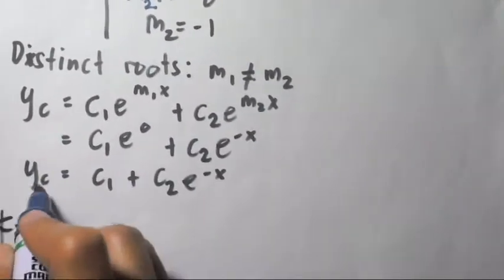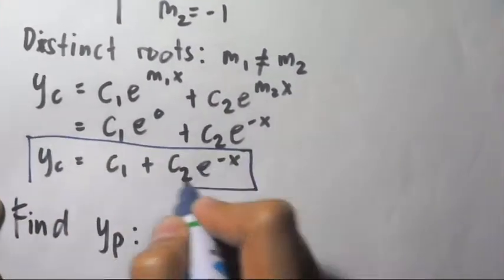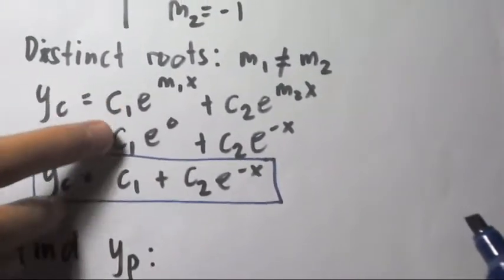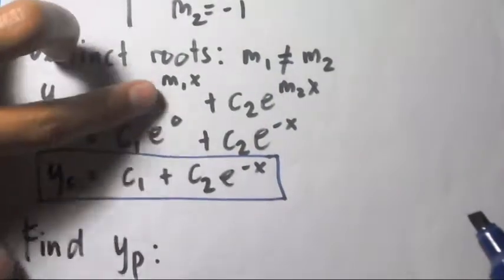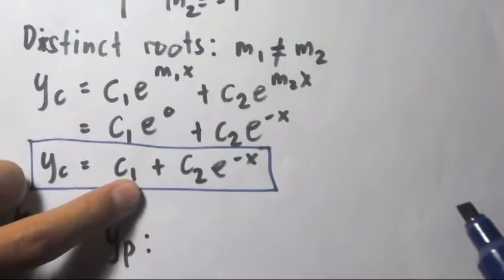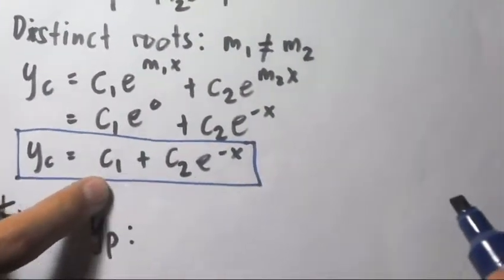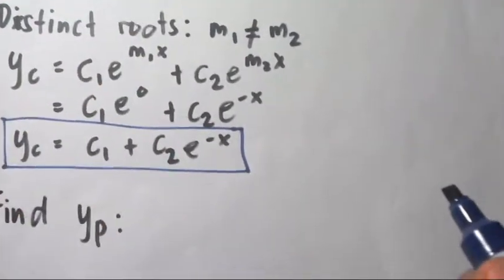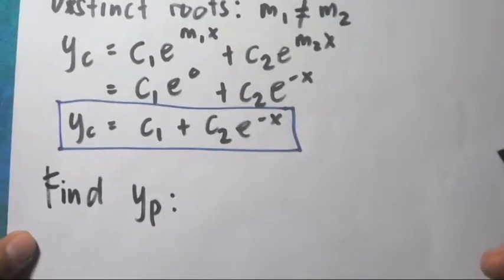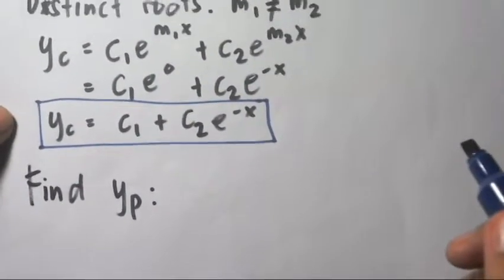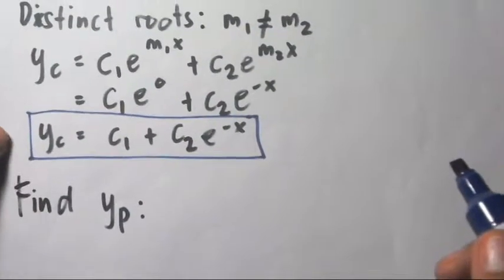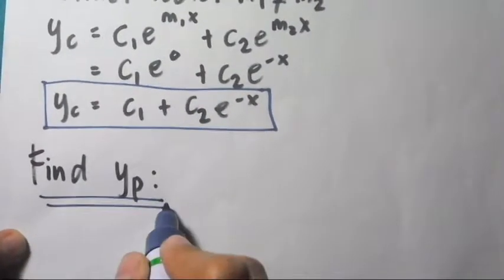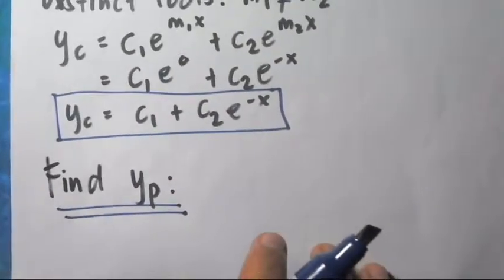Now, y complementary is equal to c1, because e to the 0 is equal to 1, so c1 plus c2 e to the negative x. We have now finished getting y complementary, and now let's go to finding the particular solution of this problem.